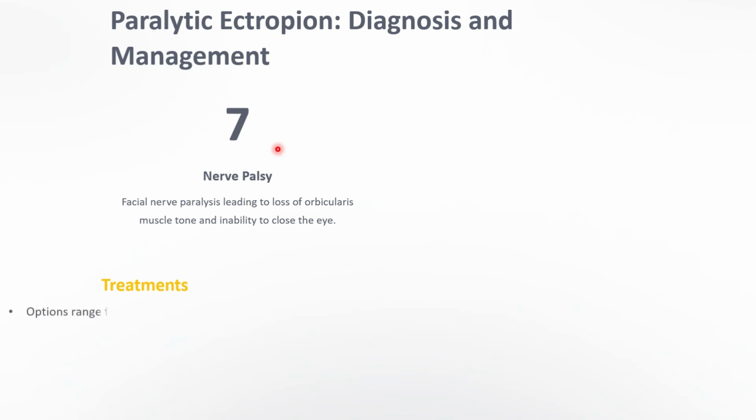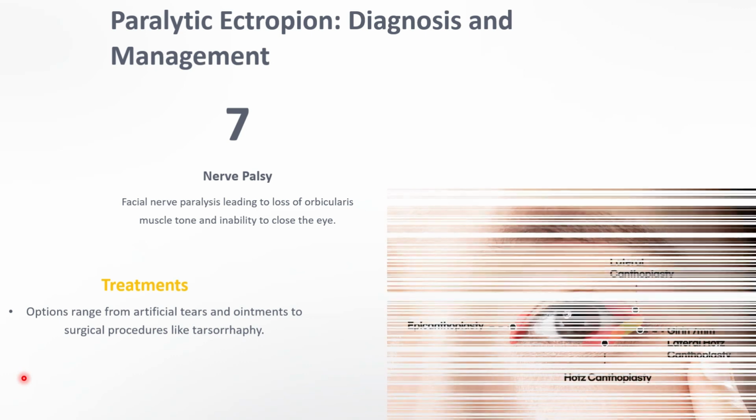The main goal is to prevent an eye condition that is called exposure keratitis. In mild cases, we use artificial tears often to keep the eye moist. At night, we may apply antibiotic ointment or use tape to help the eyelid close and protect the eye.